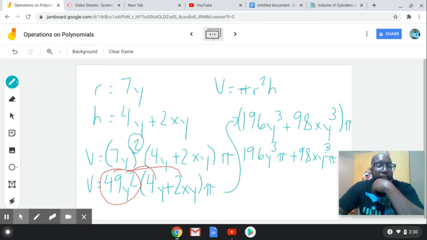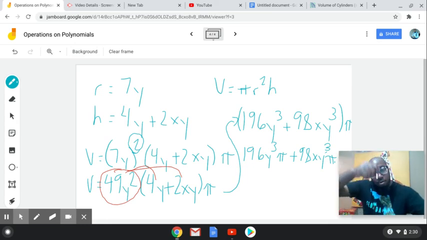I just took that pi and distributed it to both of those terms. Again, we don't really worry about pi; we're just going to leave it as a symbol for now. So now I have the volume of the outer part of that cylinder. Now I want to find the volume of the inner part, the hole.